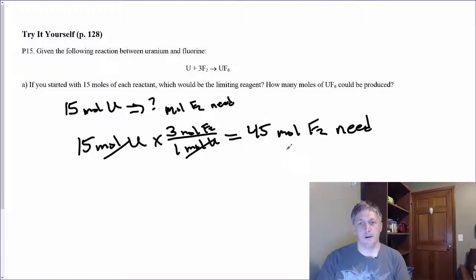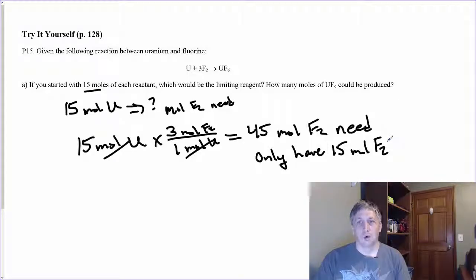But if you compare how much we need with how much we're given, or we start with, we only have 15 moles. So we don't have enough fluorine to react with all the uranium, just like we didn't have enough franks to combine with all of our buns.